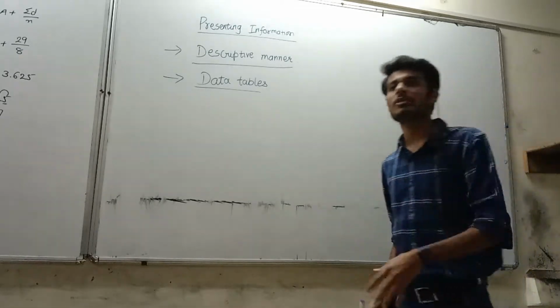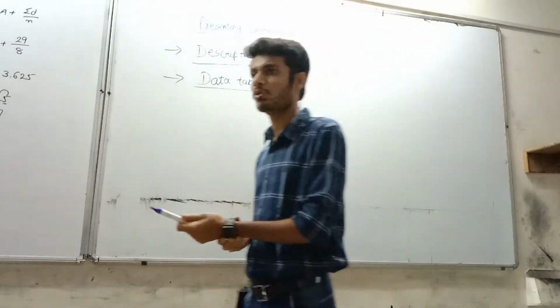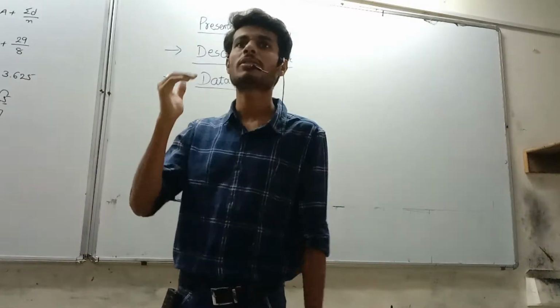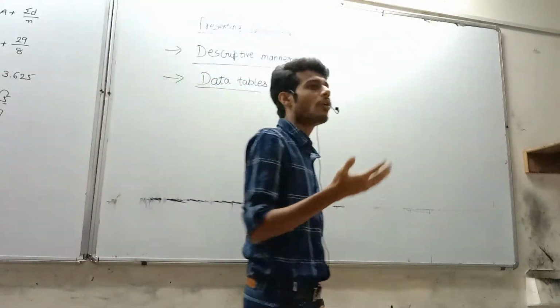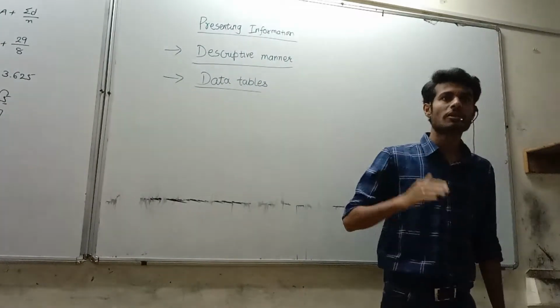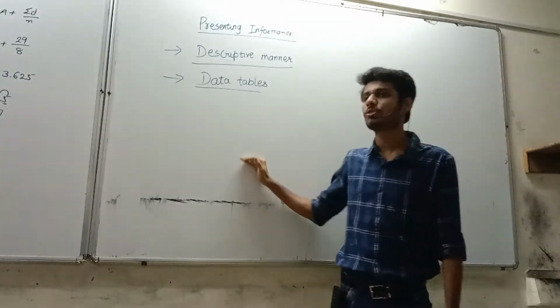Here there is an example that is given in your book which shows that as the price increases, the demand reduces, or whenever the price reduces, the demand is going to increase.